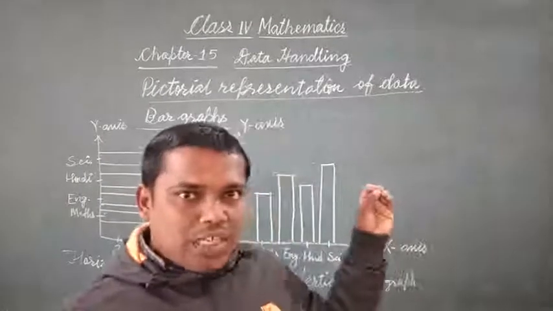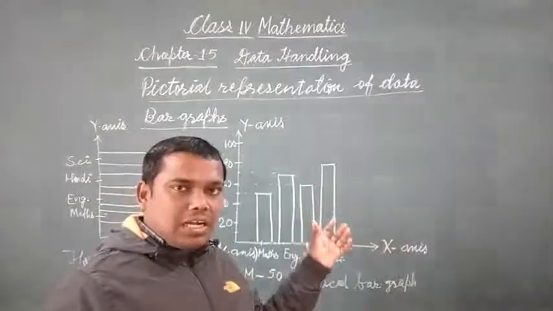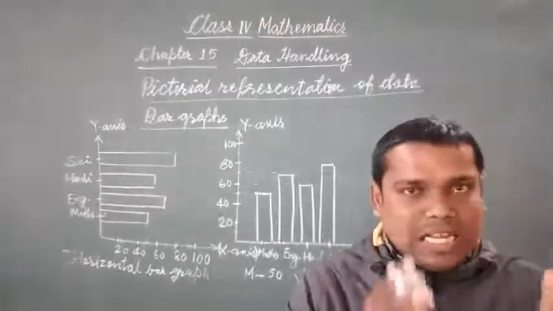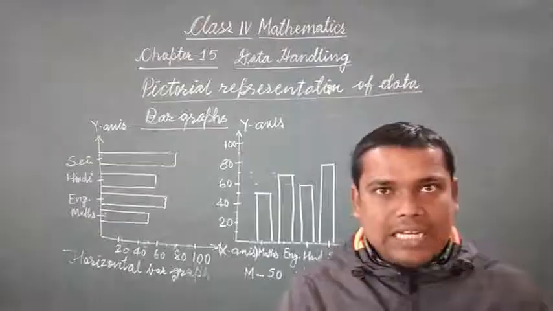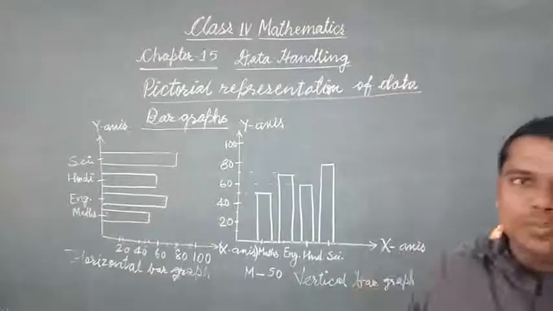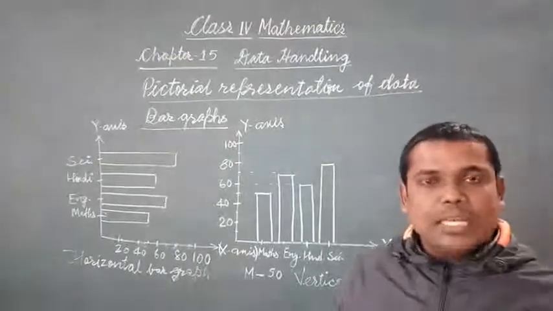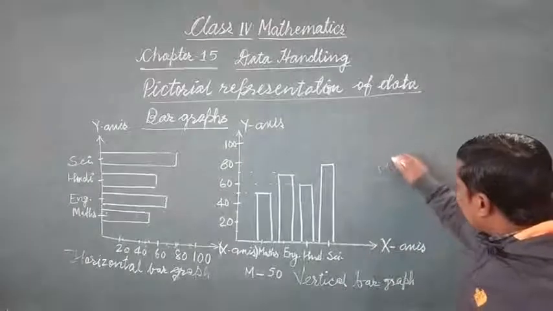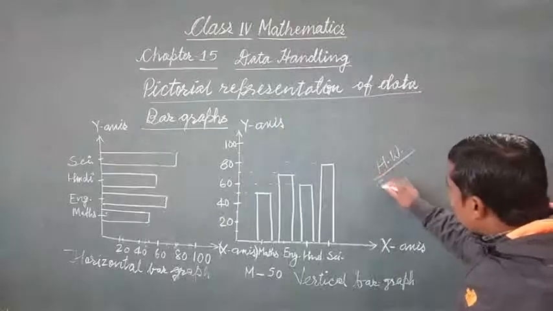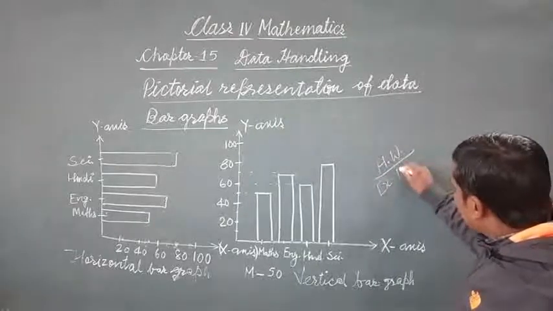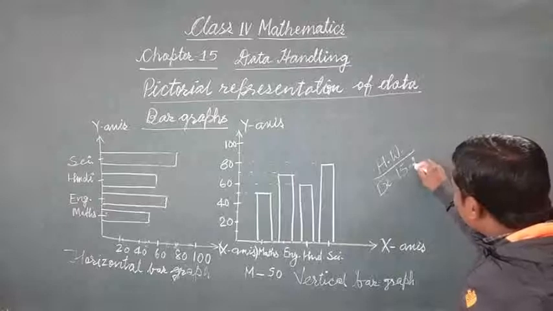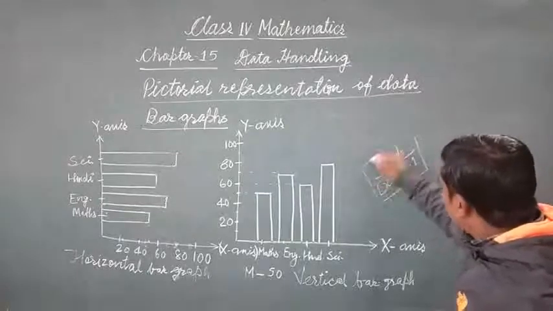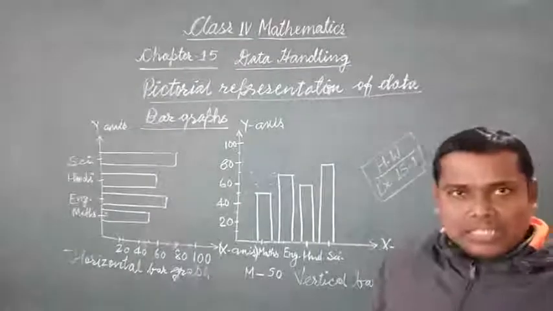You will watch the video and understand. Your book also has some examples that you will read and understand, and you will try to do the questions of exercise 15.1. So your homework will be exercise 15.1. Thank you.